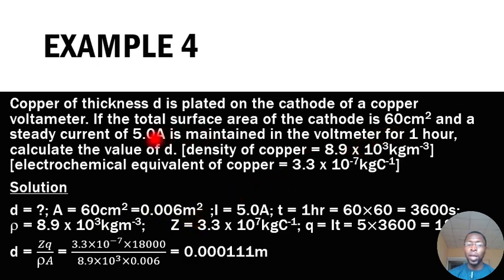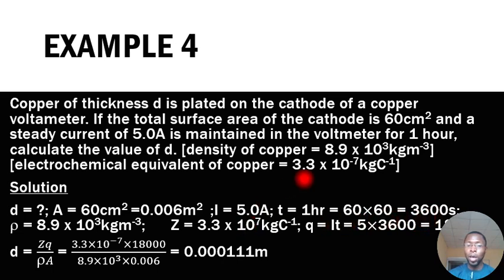Another parameter given there is the current, our I, which is 5.0 ampere. Then lastly, we are given the time, which is 1 hour, but we need to convert our time to seconds. So 1 hour to seconds will be 60 times 60, which is 3,600 seconds.